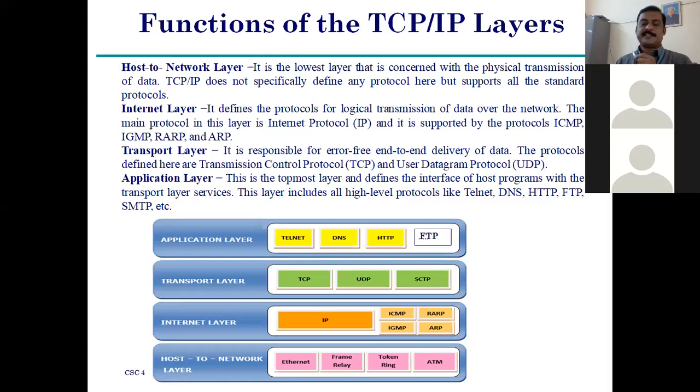And the physical address is also known as the MAC address, medium access control address. We know that there is a system, and that system must have an IP address for the purpose of packet transmission, as well as a physical address for the purpose of media connectivity.